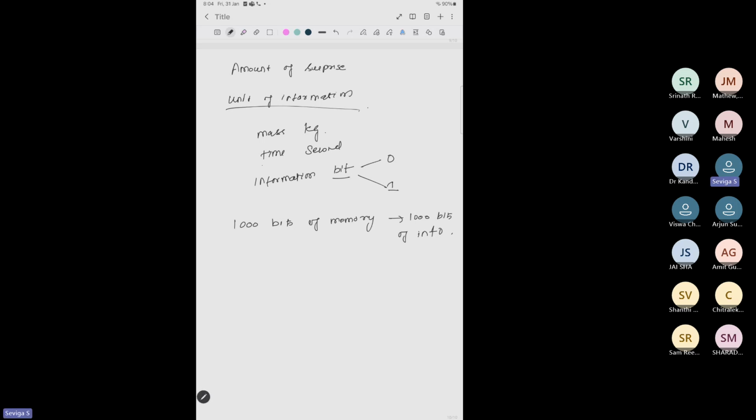So how do we measure information? Now we saw the unit for information, which is a bit. How do you measure information? We measure it using a formula. The formula has two terms. The first one is the text of the message.